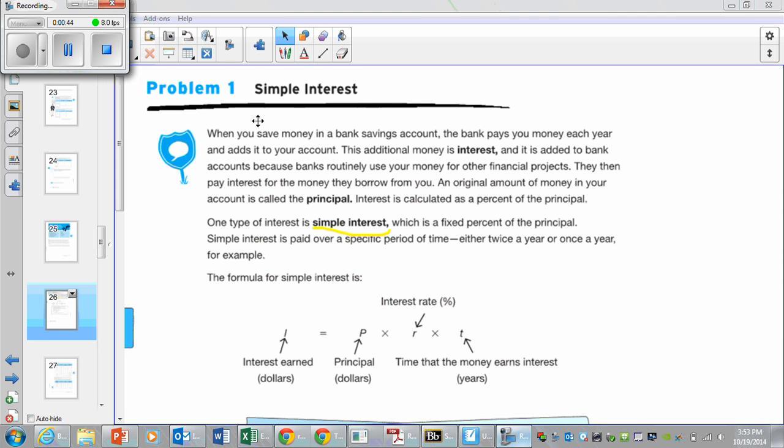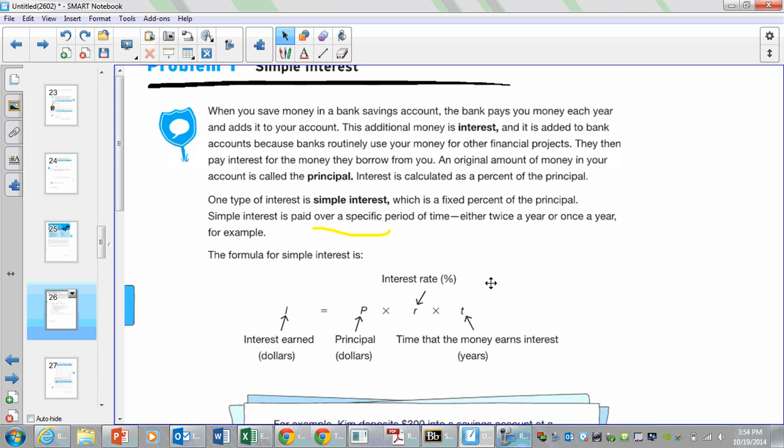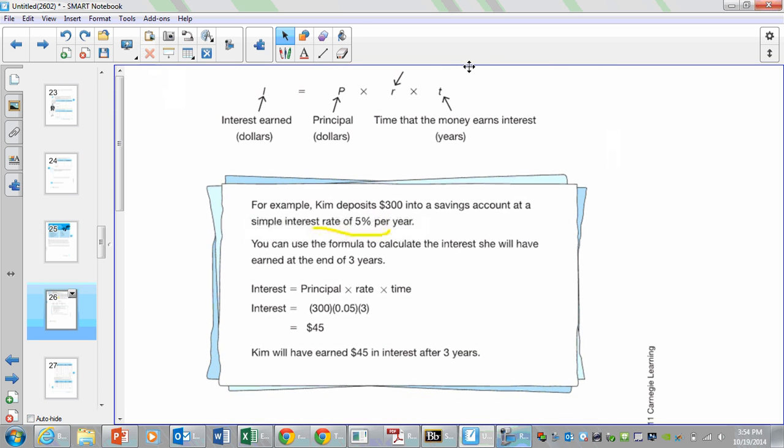You have a checking and a savings account, and when you have money in your savings account, the bank every month gives you a very small percentage of money back. And the important equation that you need to have memorized is I equals P R T. Your P and your R and your T are all next to each other and they're going to be multiplied together.